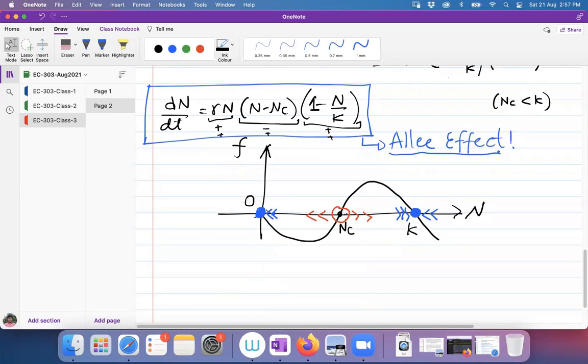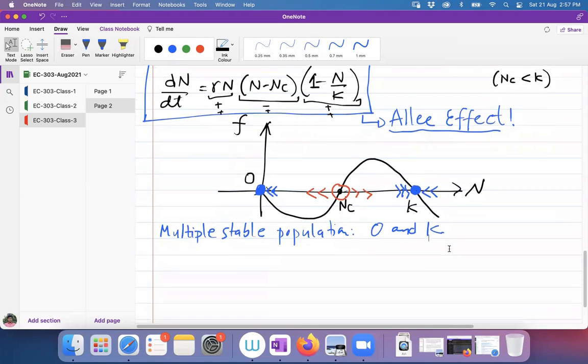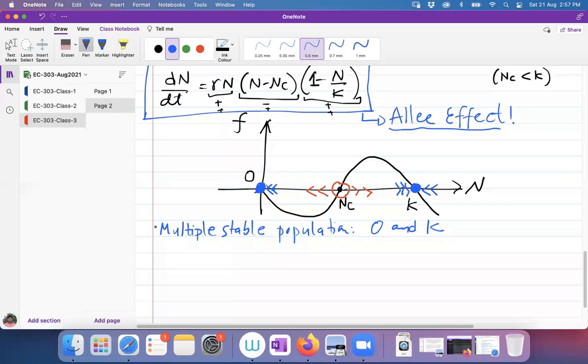So this is also an example of a system with multiple stable states, right? Multiple stable populations. Of course, here they are 0 and K. Not only that, what's the other feature of this model?